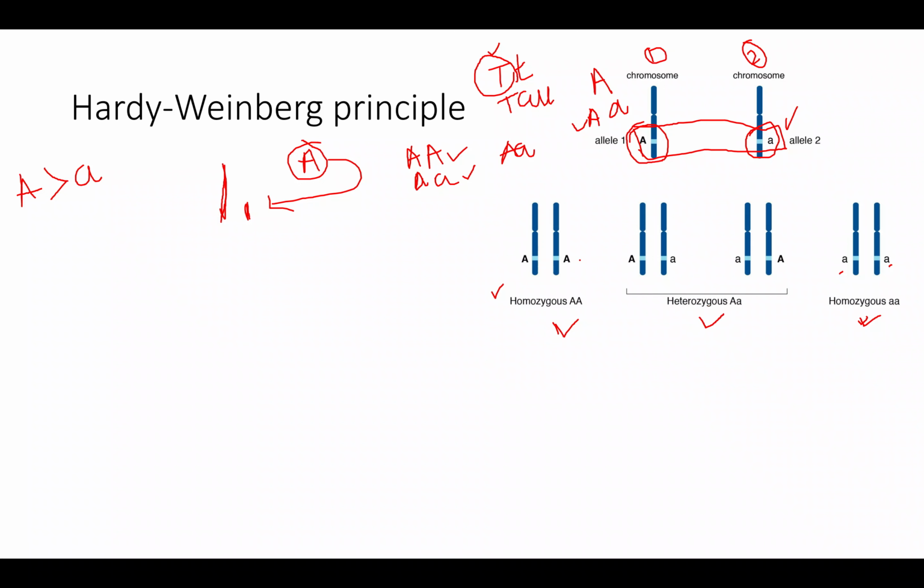Now everyone just confirm that you are clear with this much concept. Then we will further proceed. You are clear with the allele, you are clear with homozygous, you are clear with what is heterozygous. Very simple to understand, nothing more difficult. This is like a continuation from the Mendelian theory.